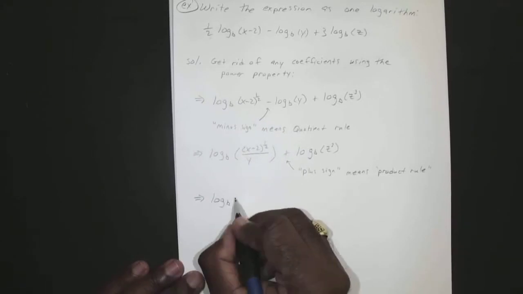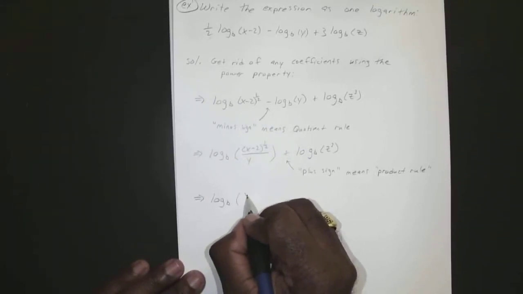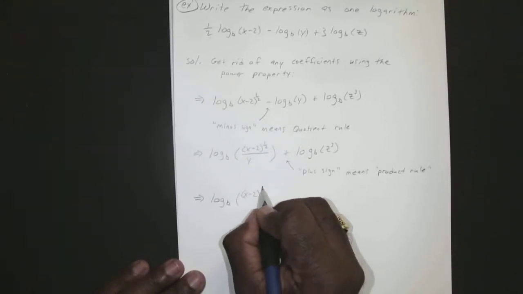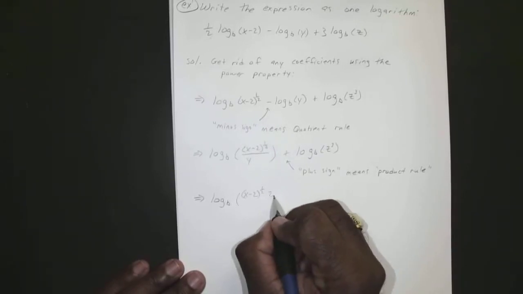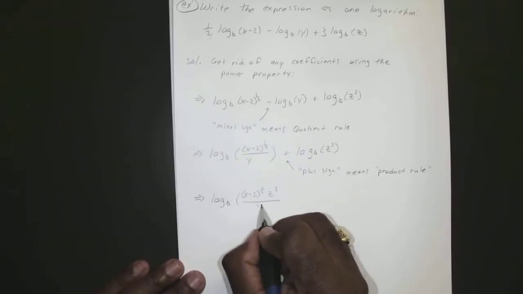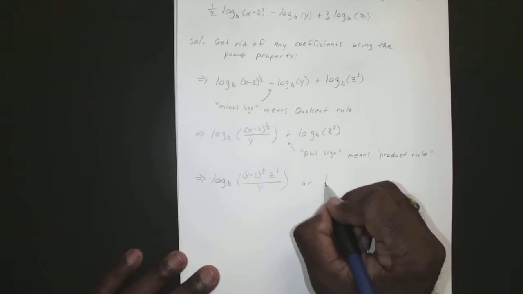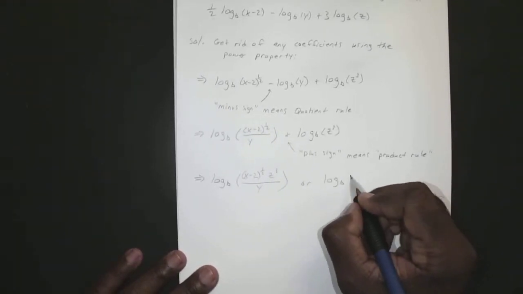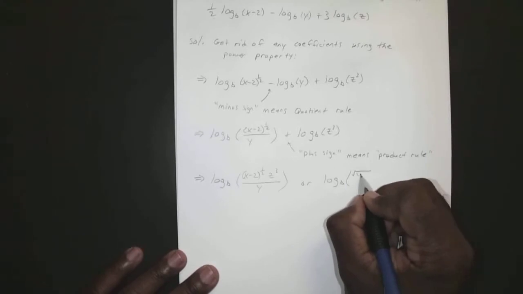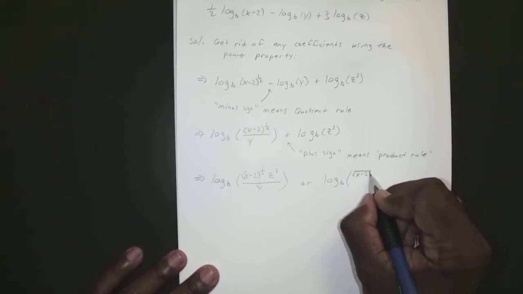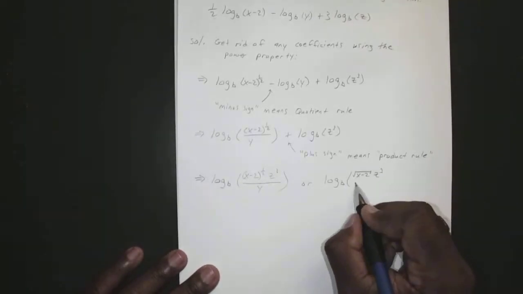So log base b of x minus 2 to the 1/2 power times z to the third over y. Or if you wanted to, you could rewrite it as log base b of the square root of x minus 2 times z to the third over y.